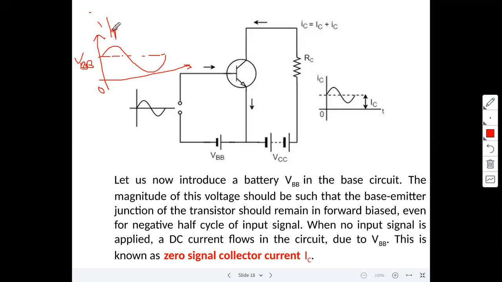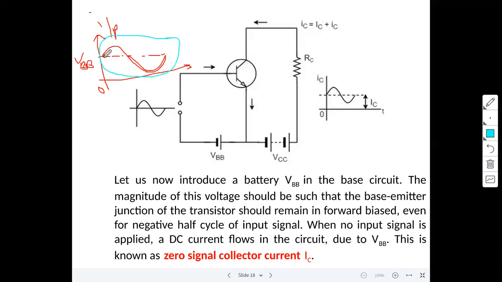What about the negative cycle here? Even the minimum of the negative is also positive, because it is superimposed on the DC level. This type of signal is called superimposed on DC level. So now everything is positive only.